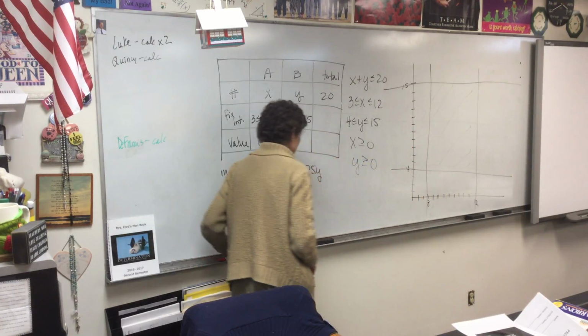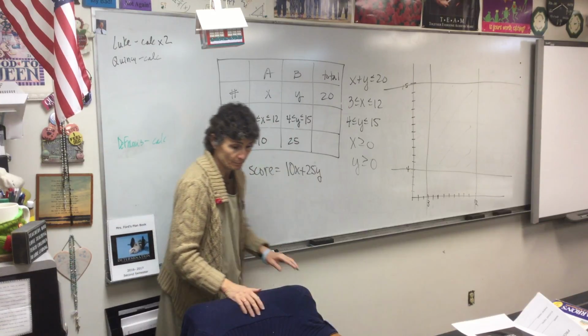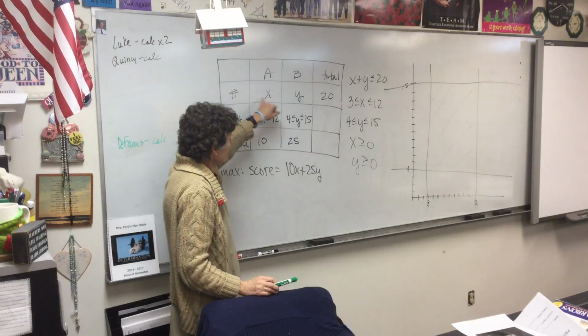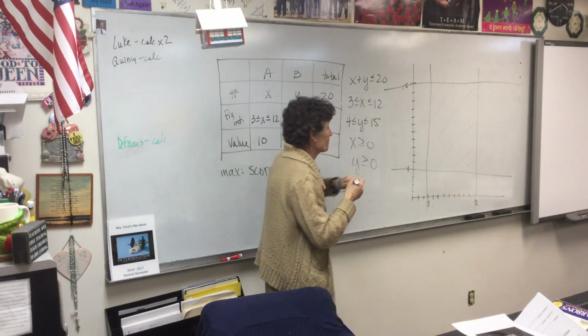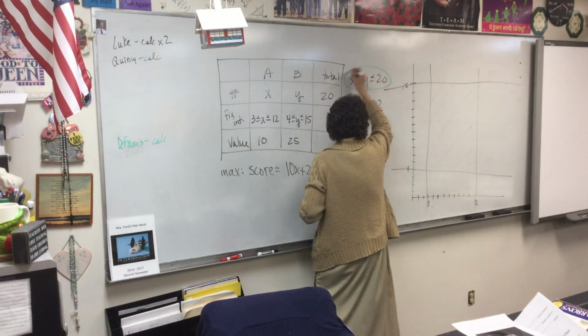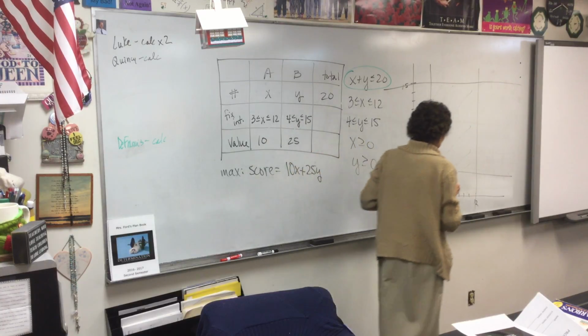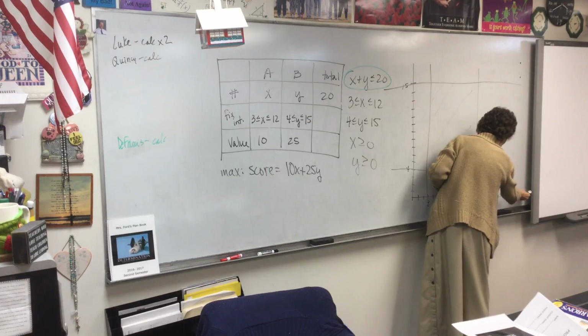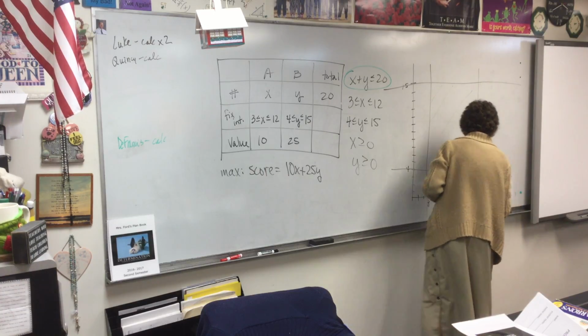Now what else do I need to put in there that I don't have yet? I gotta put in this equation right here, right? I haven't graphed that one yet. So I gotta go out to 20. There it is, right there.